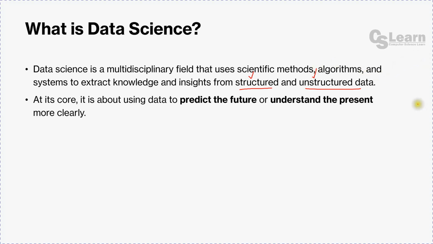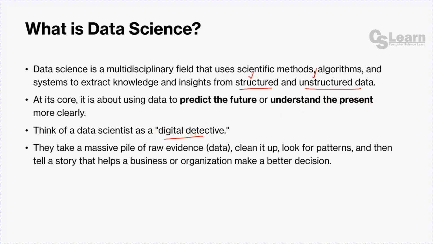If you want to know what is happening right now, data science is very helpful. Think of the data scientist as a digital detective. They take a massive pile of raw evidence, which means the data, and clean it up.